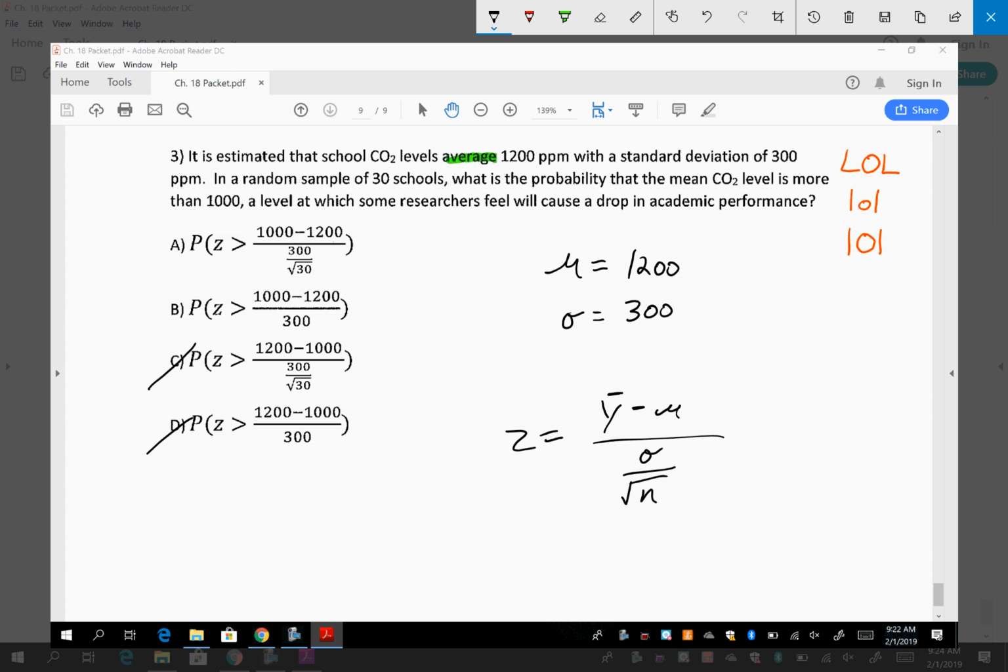Well, one of them only divides by sigma, and one of them divides by sigma over the square root of n. And which one do I want? Over the square root of n. So that's why it is A. But if you put B, that's the best wrong answer. But it's wrong because we're talking about a sample of 30 schools.